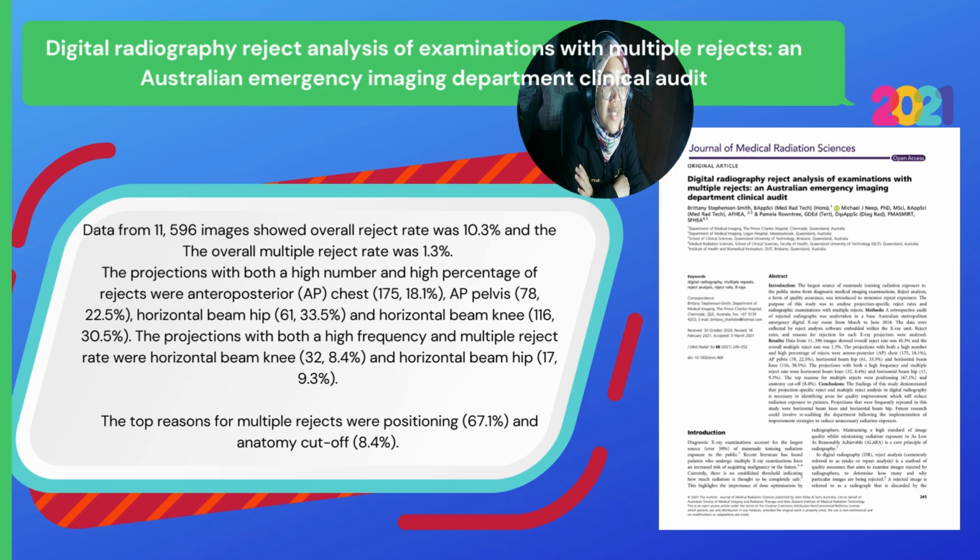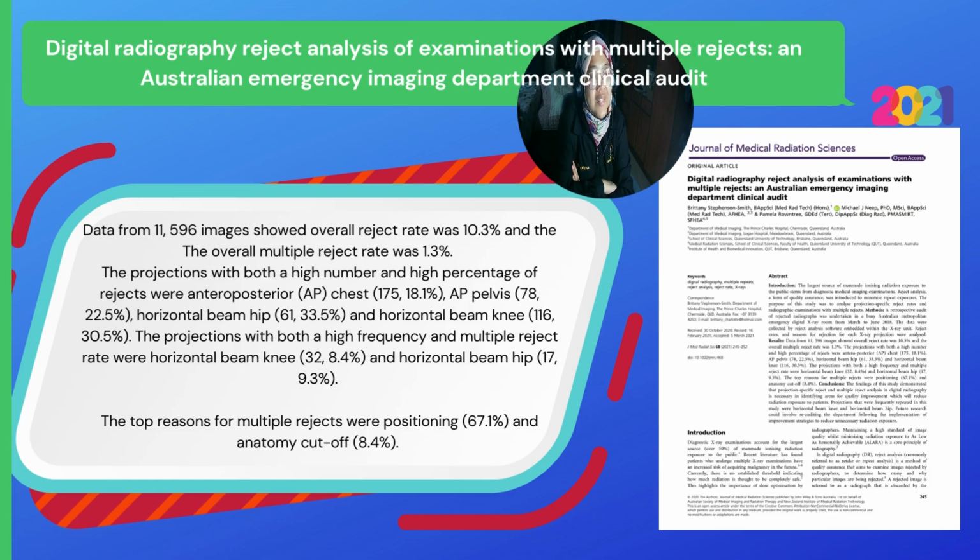The projections with both a high number and high percentage of rejects were chest, about 18.1%, pelvis 22.5%, hip 33.5%, knee 30.5%, and the projections with both high frequency and multiple reject rate were knee and hip.